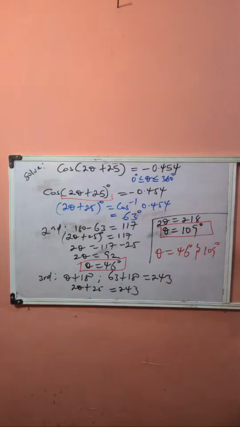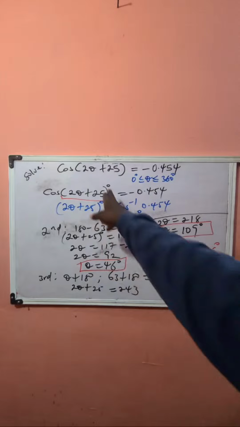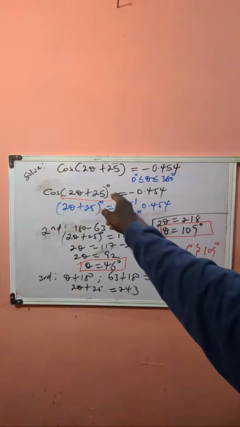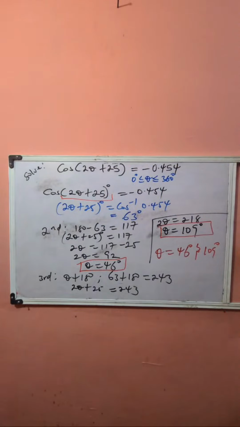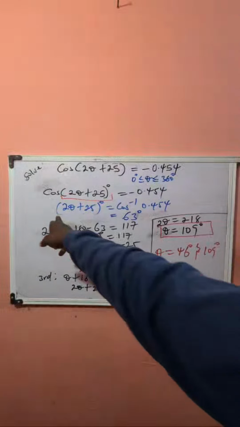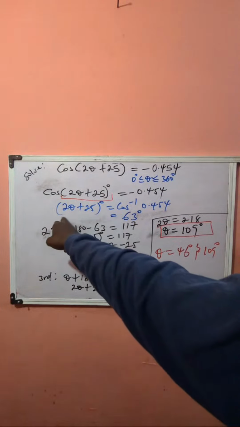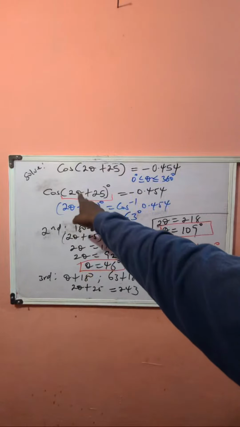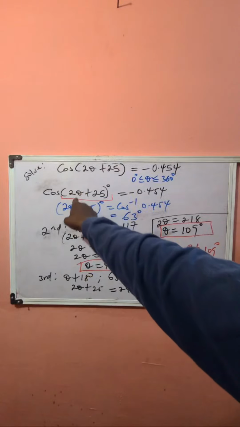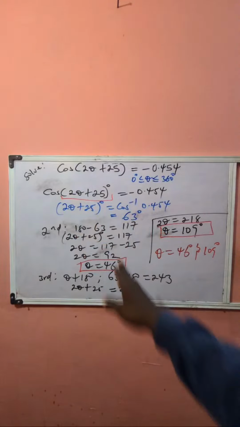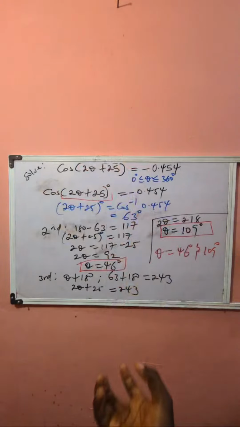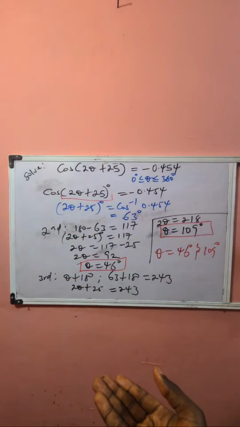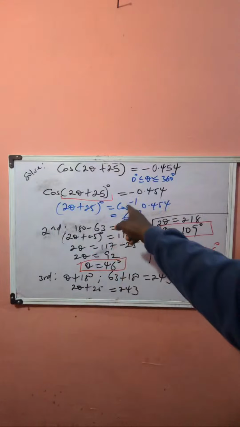So what you go on to do is to take this whole thing more like as you were going to take theta. The way you used to handle theta is the same way you handle this whole thing. So you won't be trying to isolate 2 theta. No, you will handle the whole thing as one particular angle, and then you go on to solve.